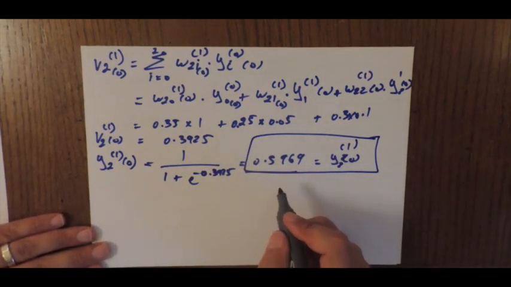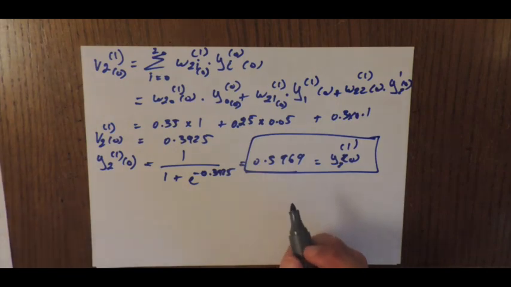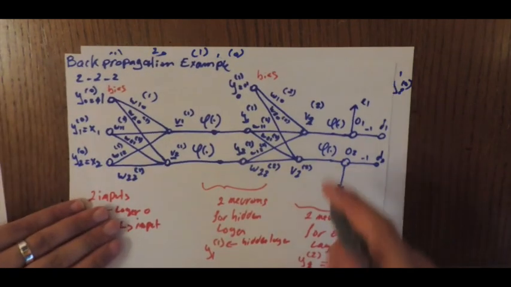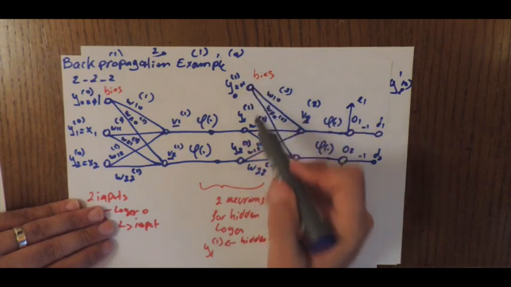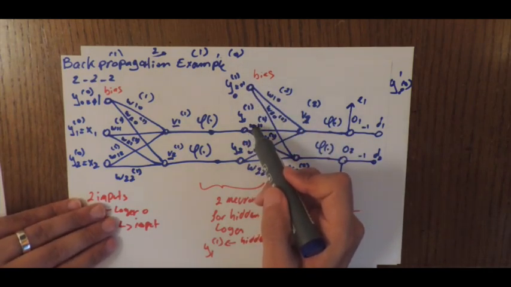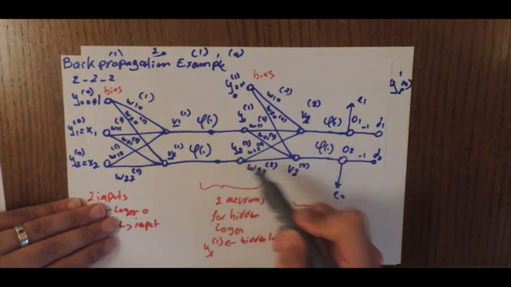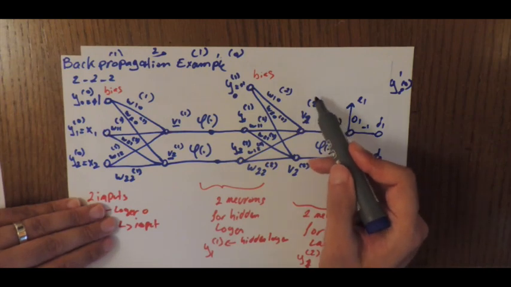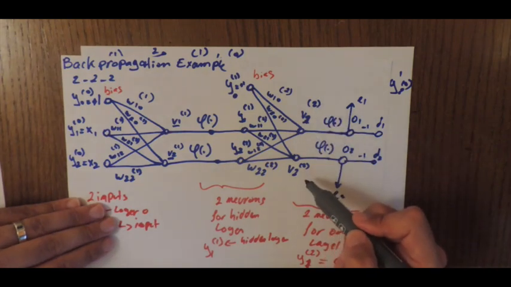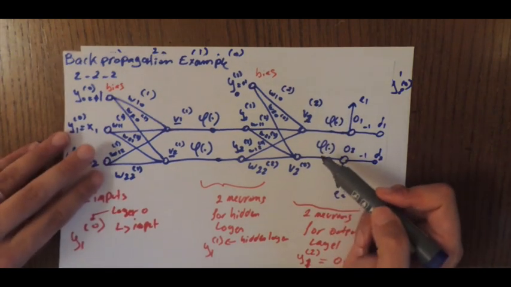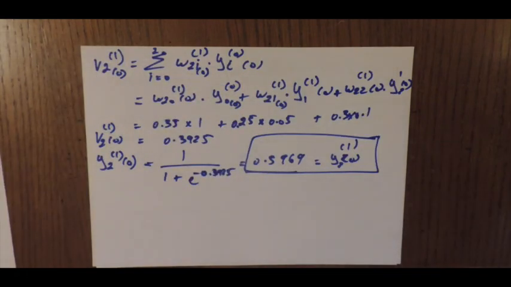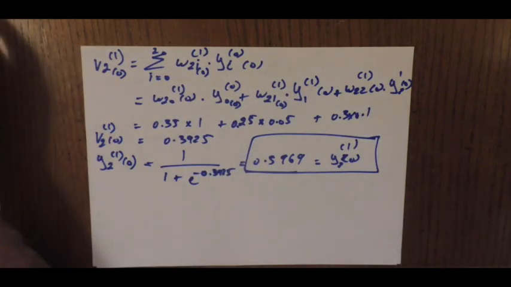Okay. Now we have the inputs for this layer. We have 1, this is Y1 of 1, we already got it, and Y2 of 1, we already calculated it. Now we're going to find the next, V1 of 2 and V2 of 2.